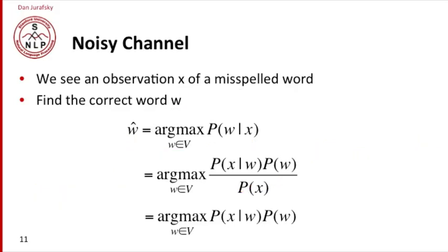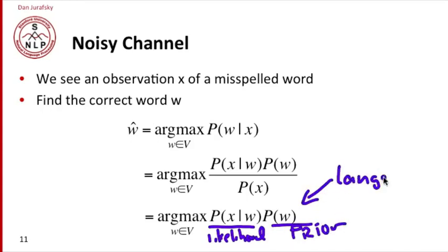So that means that the noisy channel model comes down to maximizing the product of two factors, the likelihood and the prior. And we generally call this term the language model.